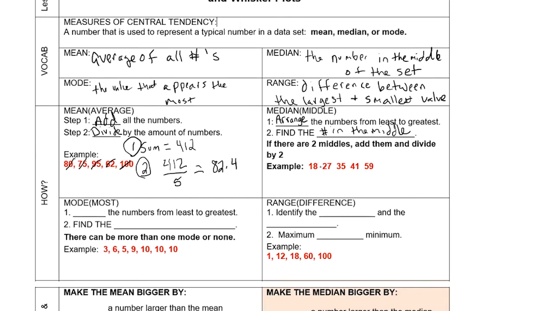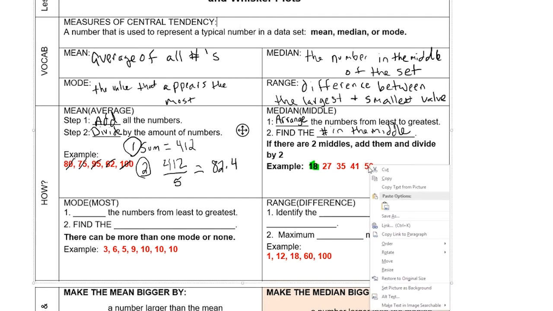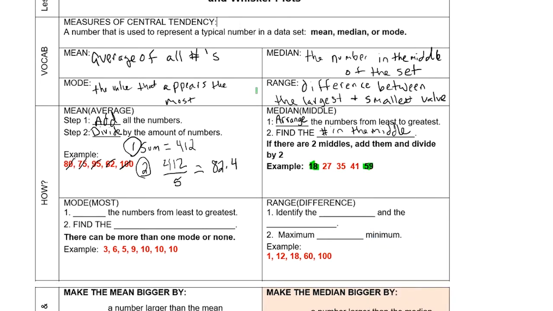So how do we find the number in the middle? I'm going to start. 18 and 59 are at the ends. And then we've got 27 and 41 next. And that means that 35 is in the middle. So this means that the median equals 35.